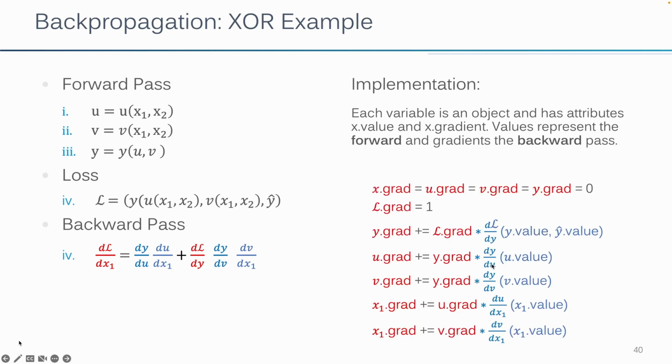And on the backward pass, we can initialize all of the gradients to 0, and usually you do that in each training loop. And then you can say that the loss gradient is 1 in the beginning. And you then compute each of these steps that we did before by saying that the y gradient gets added the loss gradient times the derivative of the loss with respect to y, given the y value and the y hat value. You can do that for each part of the network, and therefore you get the gradient of each node of the network.